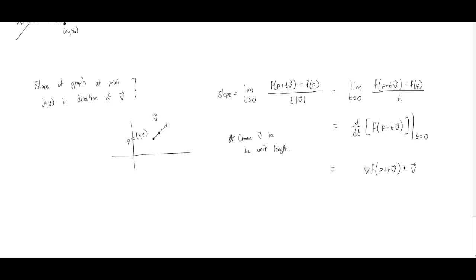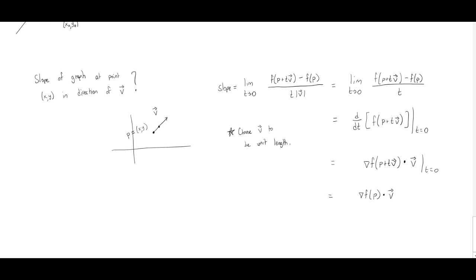Now notice derivative of the inside with respect to t would just be v. Okay. P is constant, v is constant, so it would just be v. And then if I evaluate at t equals 0, I will get the gradient of f evaluated at the point P dot product with v. Okay?